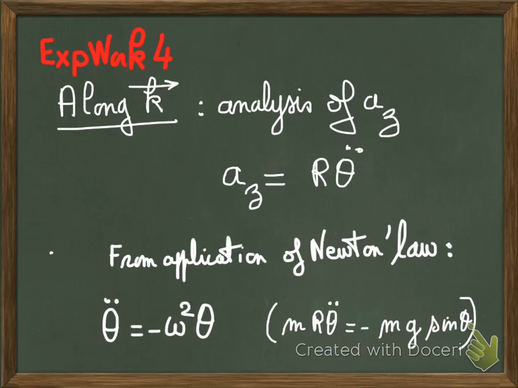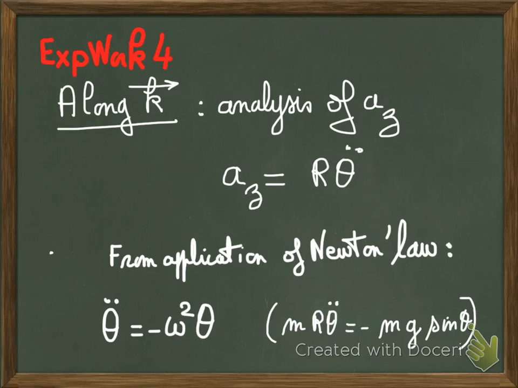What we would like to see is whether AZ behaves like theta double dot, the second derivative of the angle versus time. This is essentially the application of Newton's law, that is theta double dot equals minus omega squared theta. So we know theta, and through AZ we know theta double dot, so we can check if this differential equation is really fulfilled, since we have independently the theta angle from the gyroscope, and the theta double dot from the accelerometer when we measure AZ.